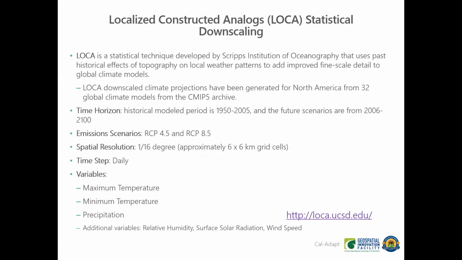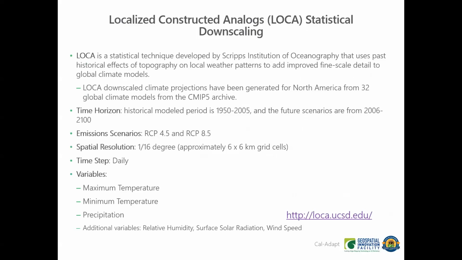There's the RCP 4.5, which is a lower emission scenario, and then there's RCP 8.5, which is more your business as usual scenario. Of the LOCA data, the spatial resolution is 1/16 of a degree, which is approximately 6 by 6 kilometer grid cells. With the LOCA data, the time step is daily, so it's a daily data set. And there are several variables that are available.